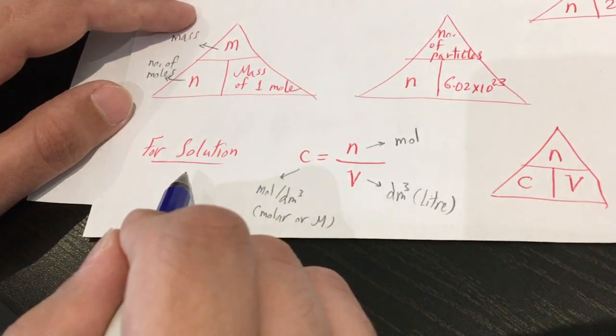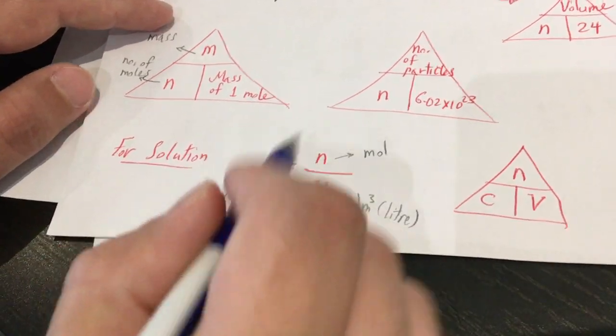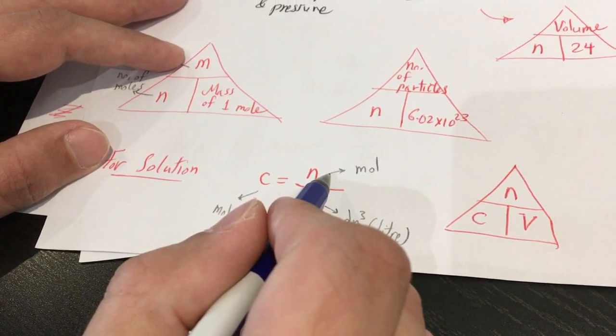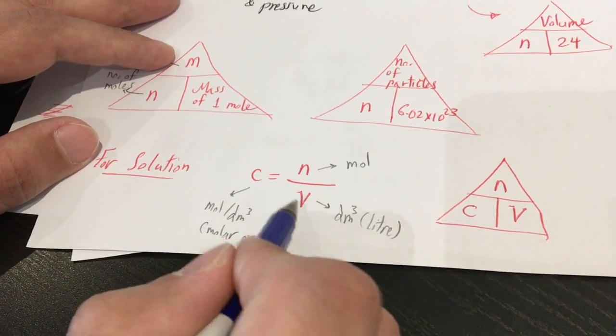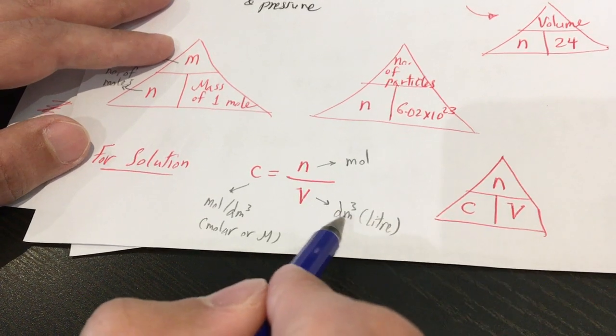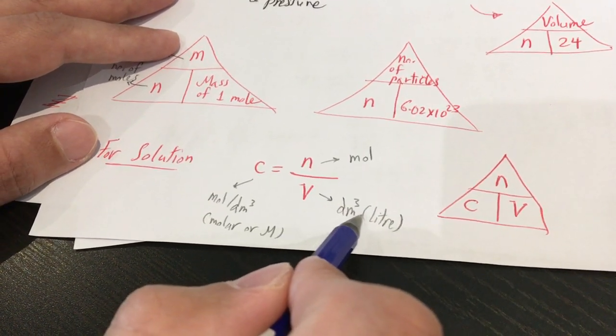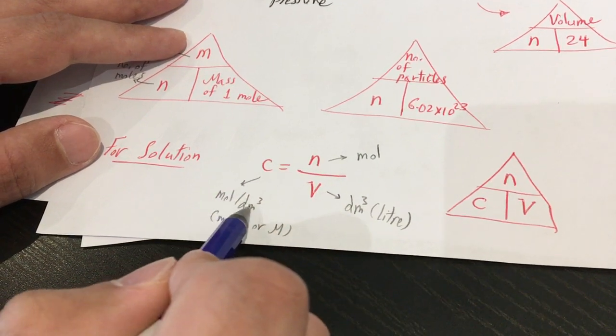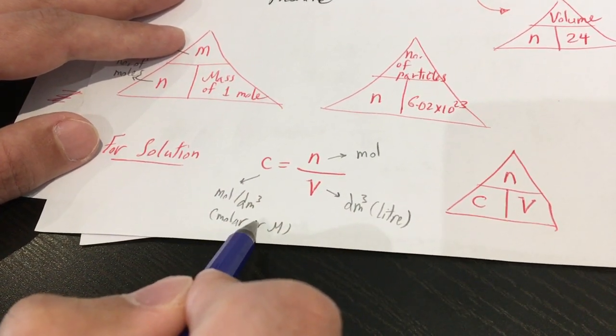For solutions, the concentration of the solution equals the number of moles of solute over the volume of the solution. The volume is measured in liters or cubic decimeters, and the unit of concentration is mole per cubic decimeter, or molar, or M.